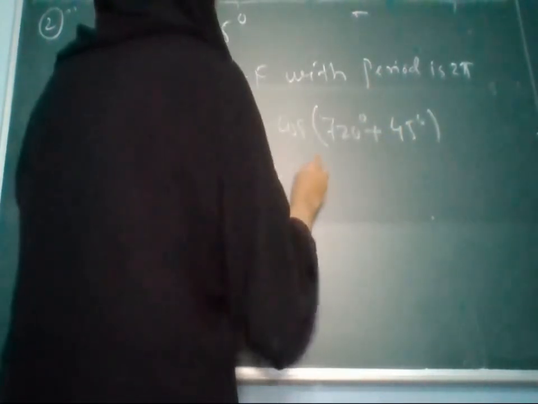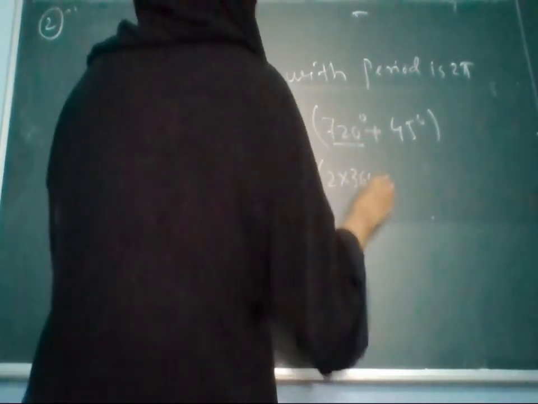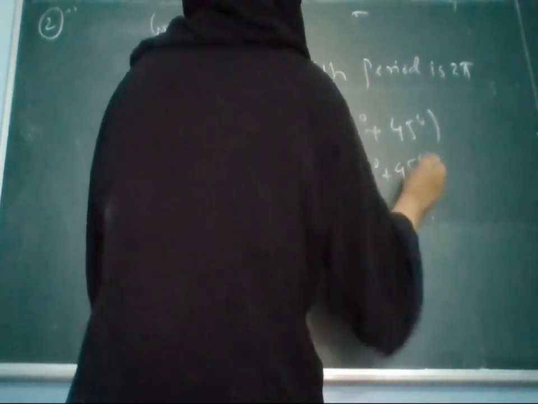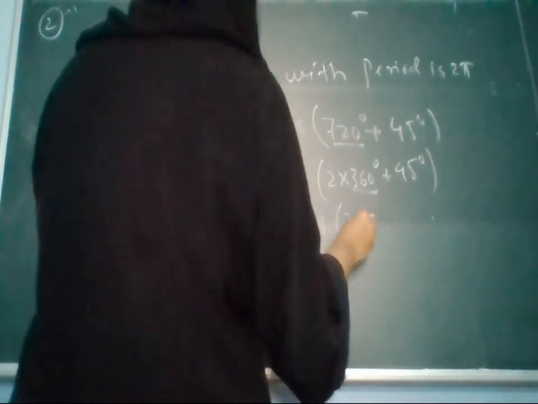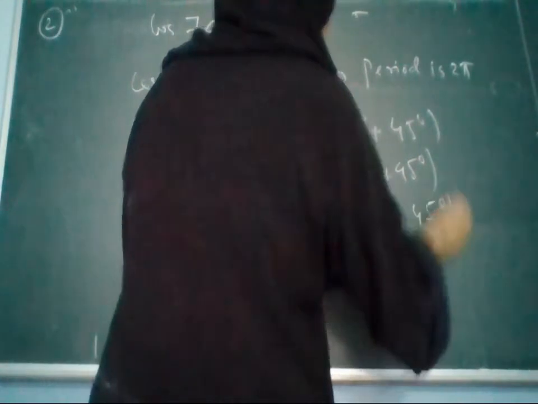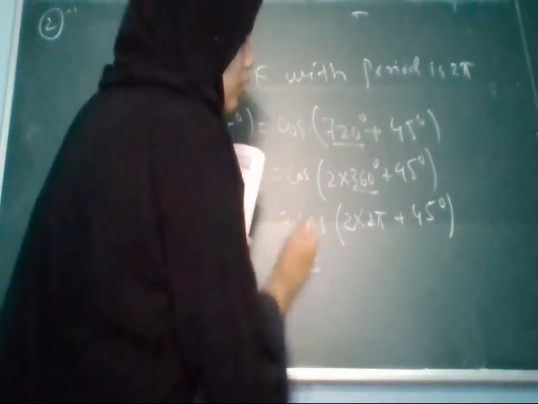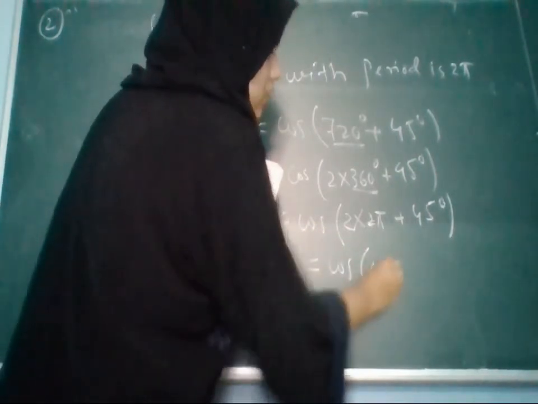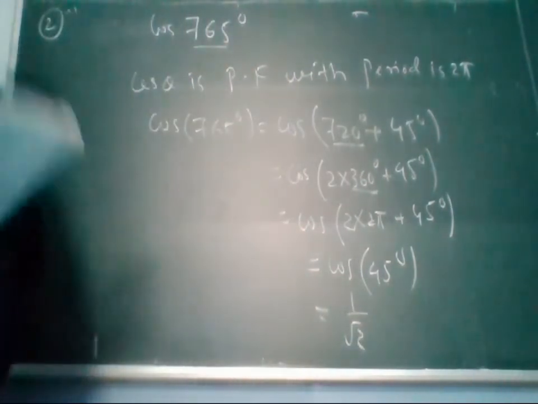Now 720 is equal to how much? 2 into 360 degree plus 45 degree. 2 into 360 means a full rotation, that is 2 pi, right? 2 pi plus 45. So that means, see, this is a multiple of 2 pi. So we can directly write its answer as cos 45 degree, which is 1 upon root 2. How simple it is. Okay?